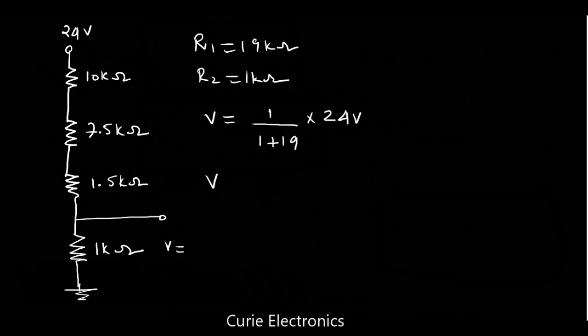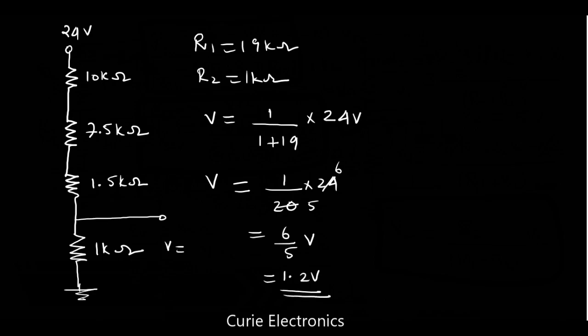So V equals 1 upon 20 multiplied by 24. If you divide both by 4, we get 6 upon 5 volt. That is 1.2 volt.